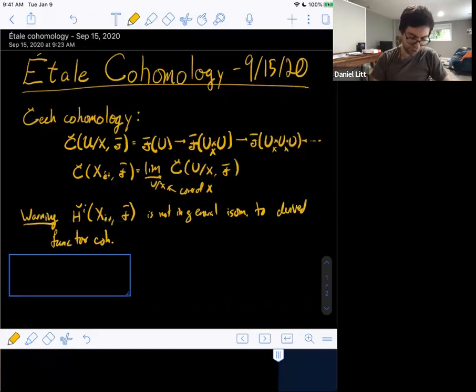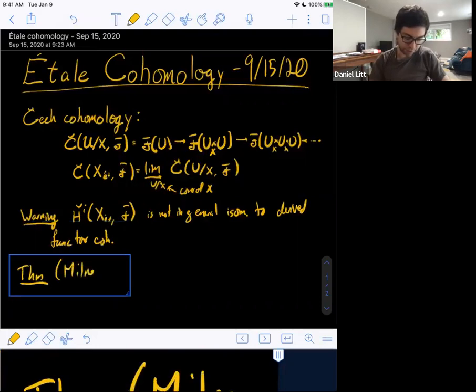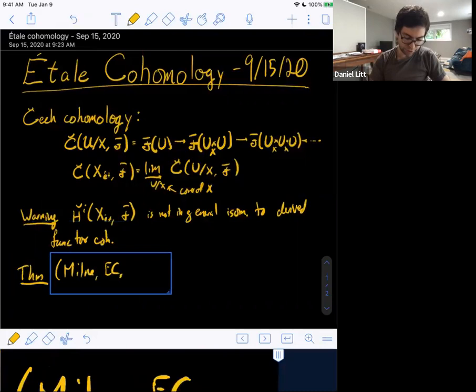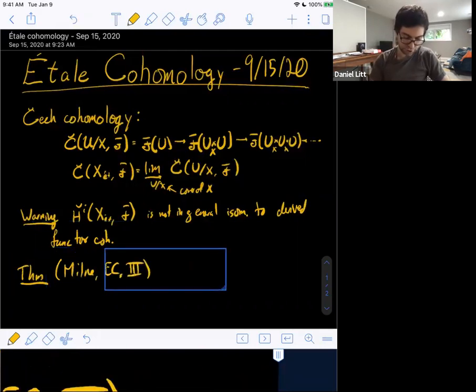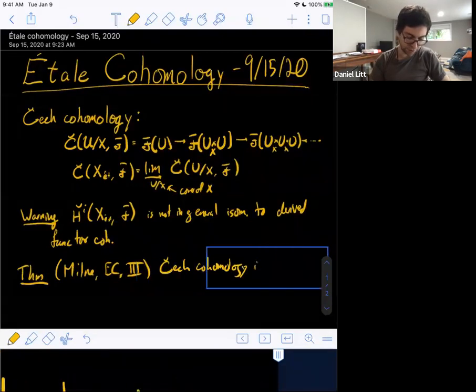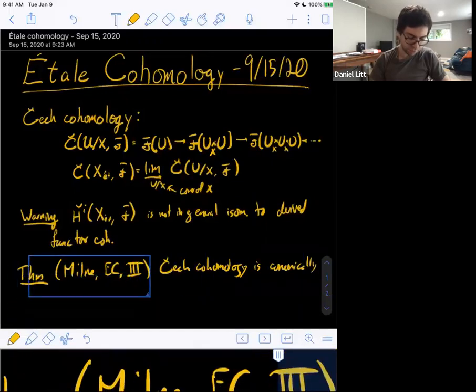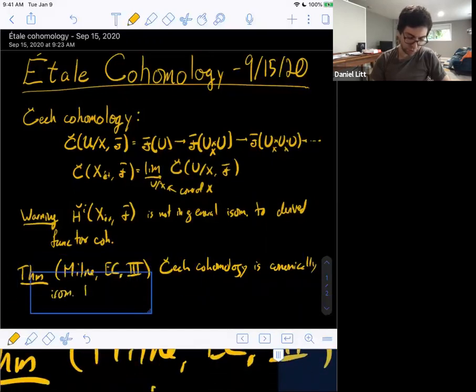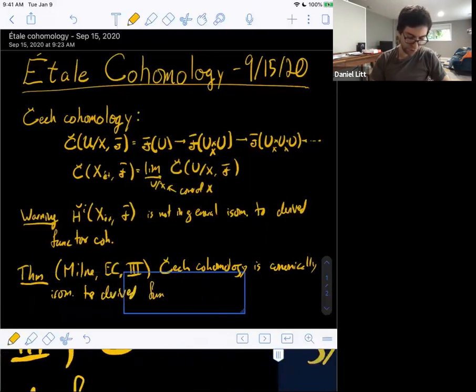But the theorem, which I'm not going to prove in this class, and you can take a look in Milne's Étale Cohomology book, section 3 for a proof if you'd like, is that Čech cohomology is canonically isomorphic to derived functor cohomology under the following conditions.